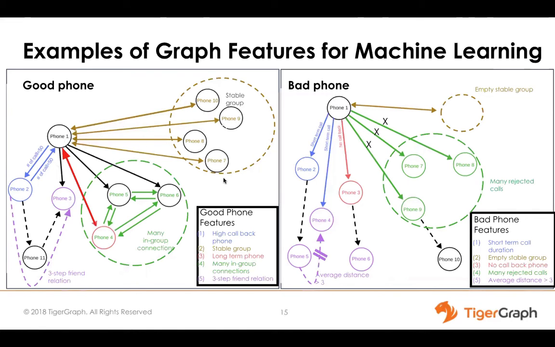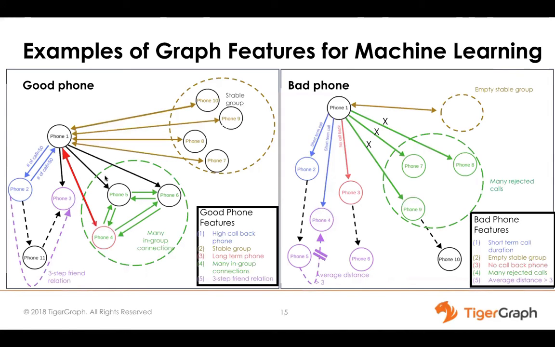Another feature is stable groups. A good phone usually calls a stable group of people regularly, and those people always call back. But bad phones usually don't. They pick targets pretty randomly, and they won't have this long-term relationship. Long-term relationship means looking at whether this phone has called them regularly, every month or every week. We can use this to distinguish a good phone from a bad phone.